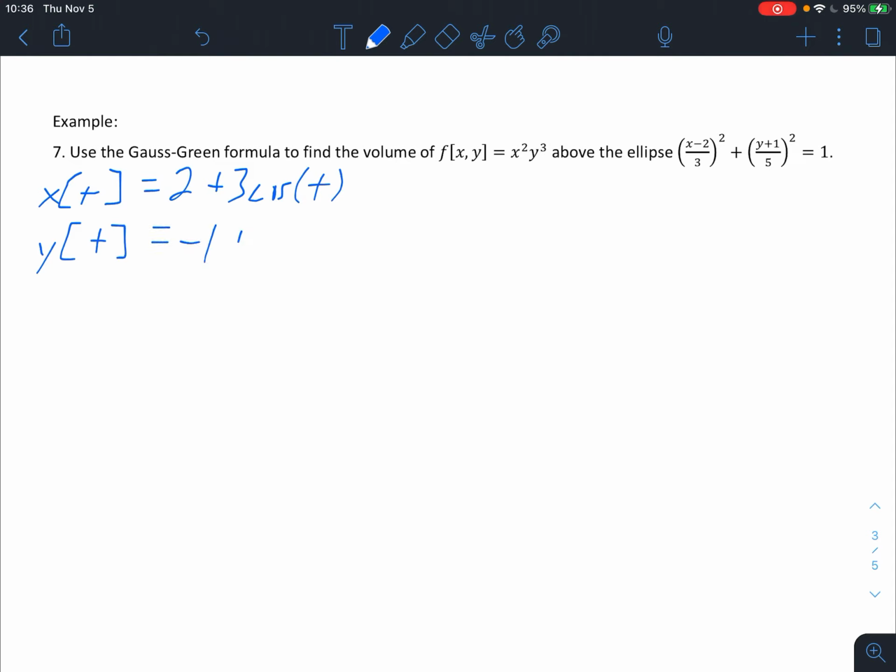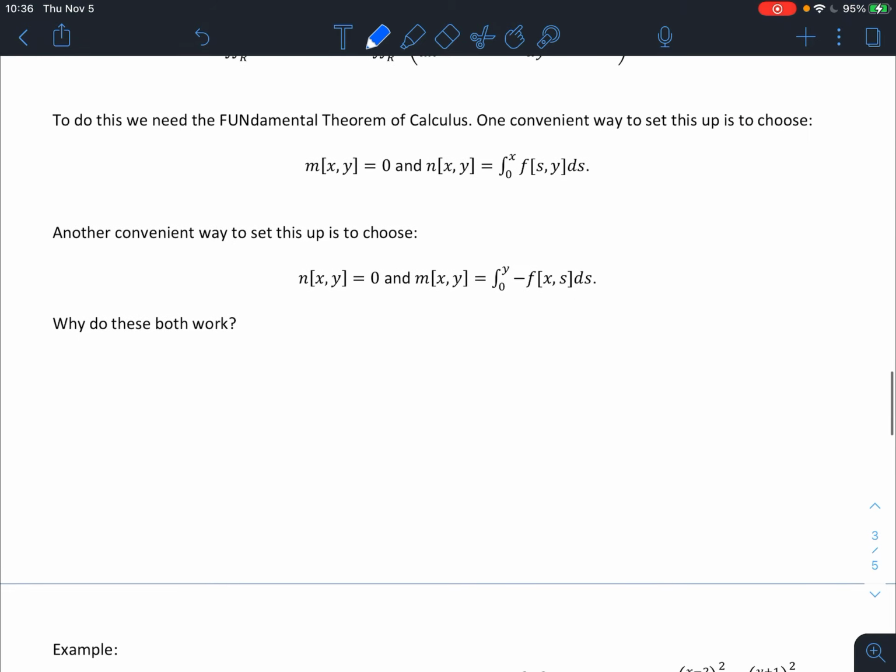Y of t is going to be negative 1 plus 5 sine t. We're going to use this parameterization because I know that's going to make it counterclockwise. If you put in 0, then pi over 2 and pi, and you trace that ellipse out, it will be moving counterclockwise.